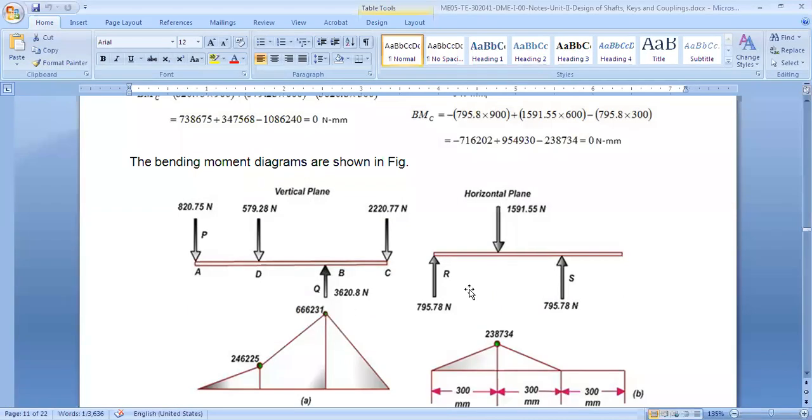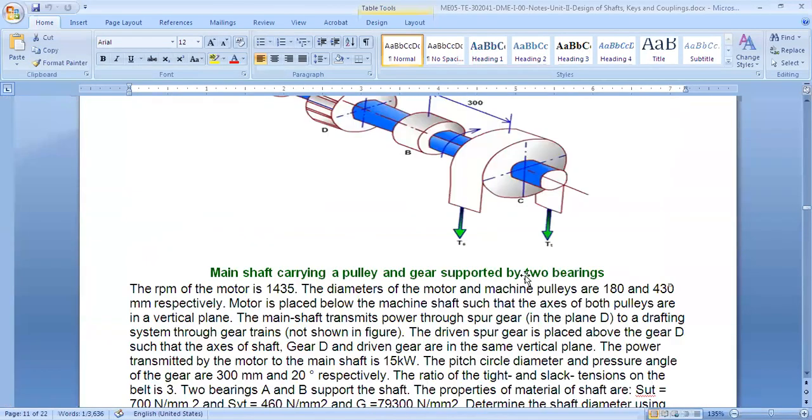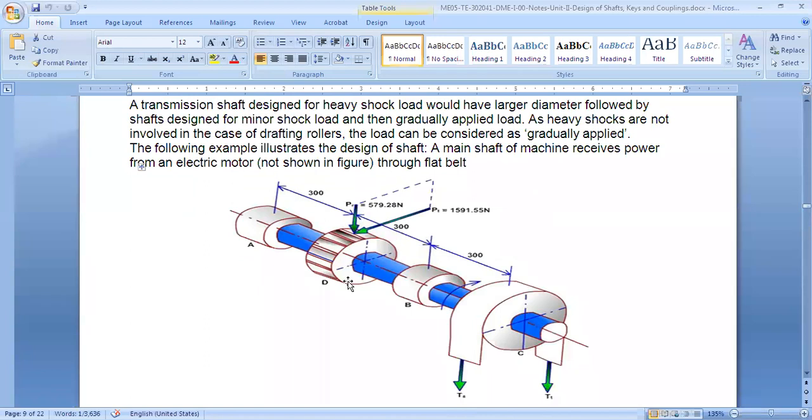Now the horizontal force is only one, which is acting at the spur gear, which is 1591, and it is opposed by the two horizontal reactions at A and B. I will repeat. In the horizontal plane, the green color shows the forces or loads. The horizontal load is only one, that is the tangential load of the spur gear, 1591. It is supported by reactions at A and B.